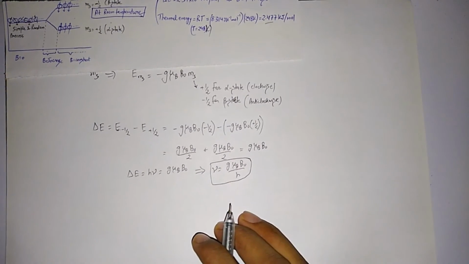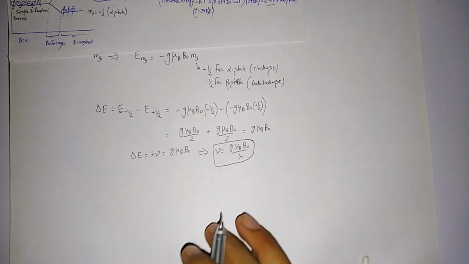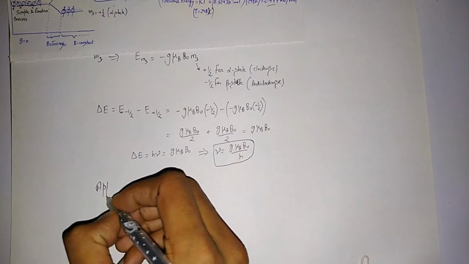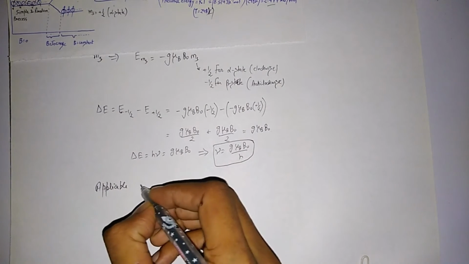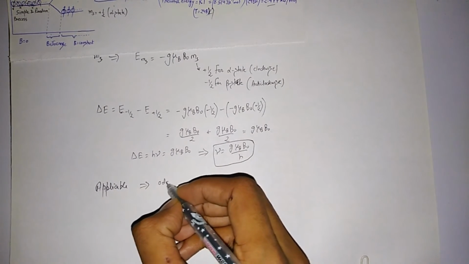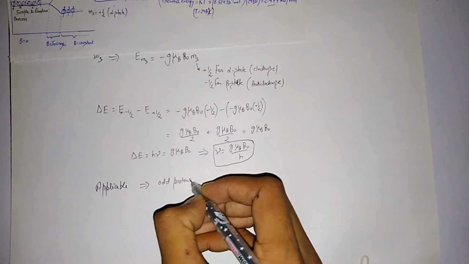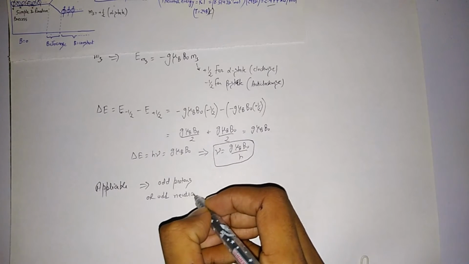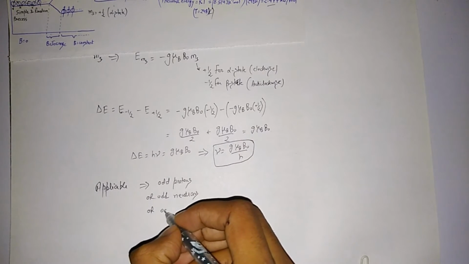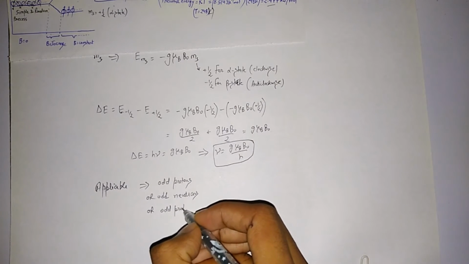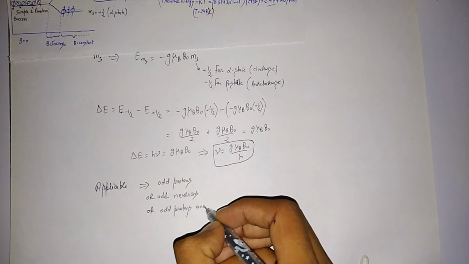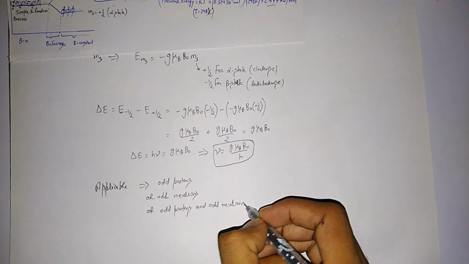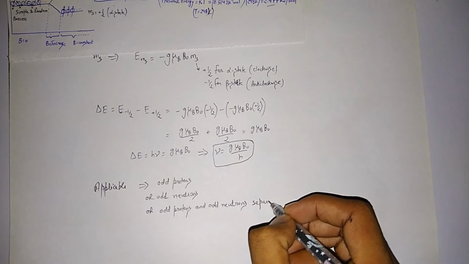And it is also important to note that NMR spectroscopy is not applicable to all nuclei. It is only applicable to those nuclei which have odd protons or odd neutrons, or odd protons and odd neutrons separately.